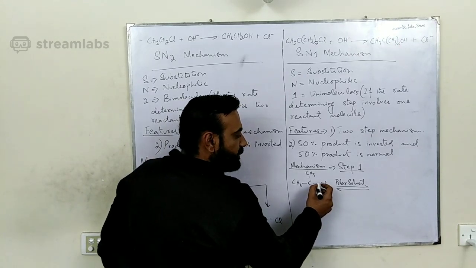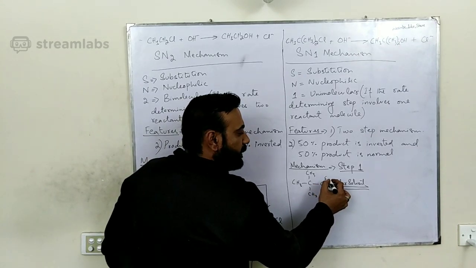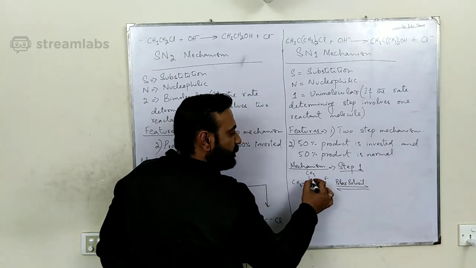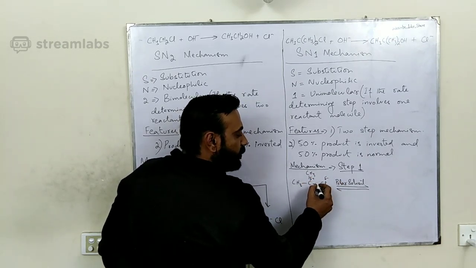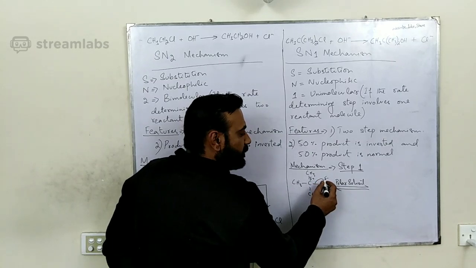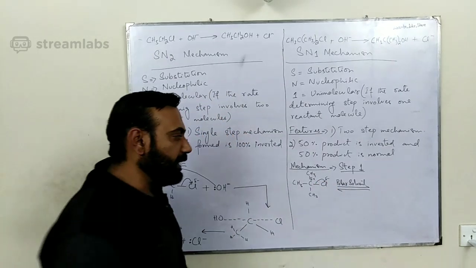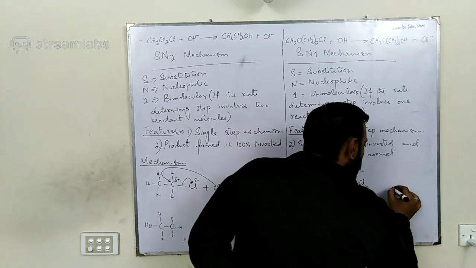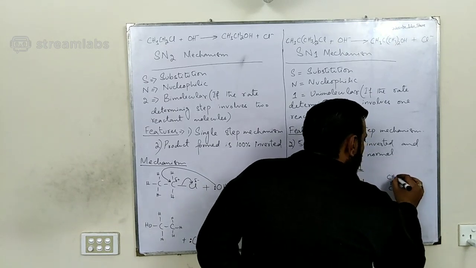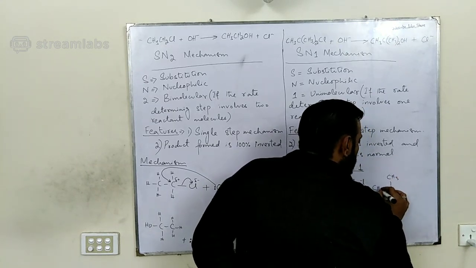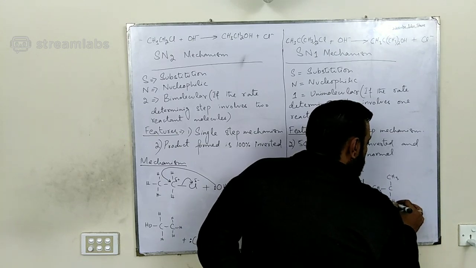That means again chlorine is partially negative, this carbon is partially positive. This electron pair moves towards the chlorine. As a result, the species produced are these.